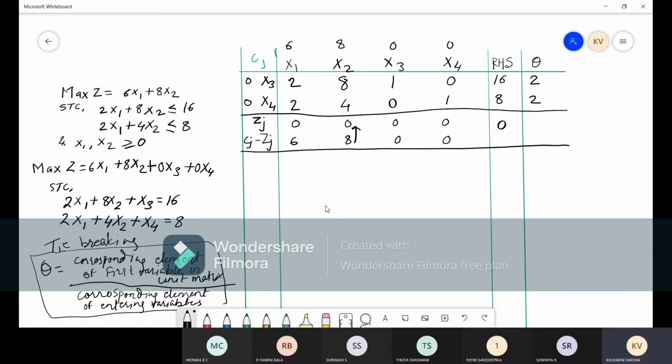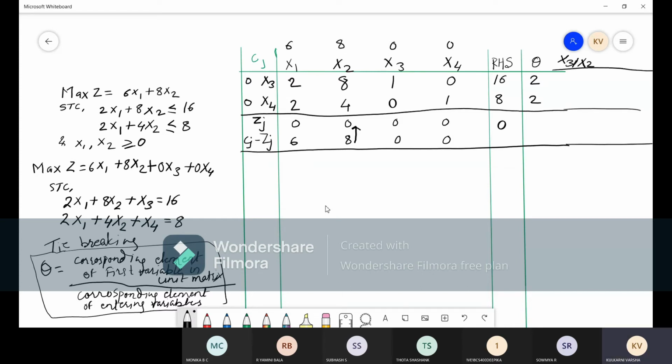So what do we have to take? We have to take the corresponding elements of this x3 divided by the corresponding elements of the entering variable. Our entering variable is x2, so we take this x2. So 1 divided by 8. We'll write it down here: x3 divided by x2.